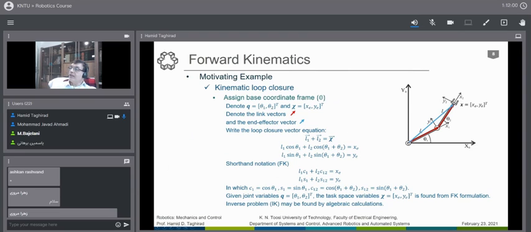And we know that this vector is equal to the addition of these two vectors. We write this in a matrix form or in a vector form. Right now it is very easy. What is loop closure? We close the loop here. Very simple. We put one loop in task space, one single loop in joint space, and then we close them together. We add them together. As you see, this is the loop closure.